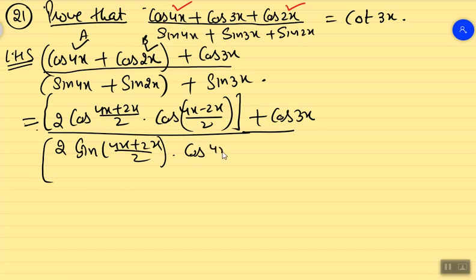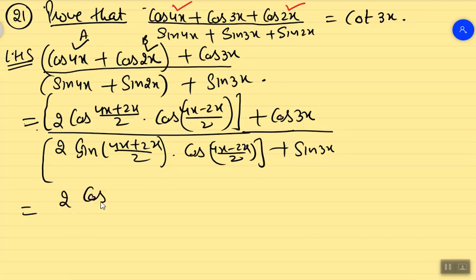Cos (4x minus 2x)/2 into sin 3x. Now in the numerator, cos (4x plus 2x)/2, 6x, that is cos 3x into cos x plus cos 3x.